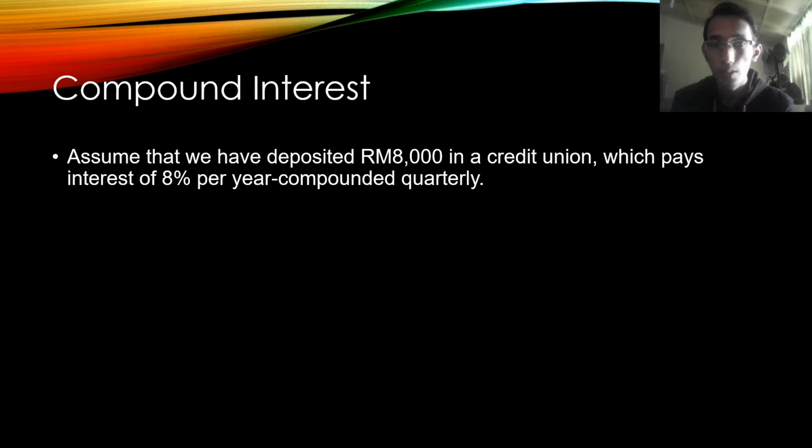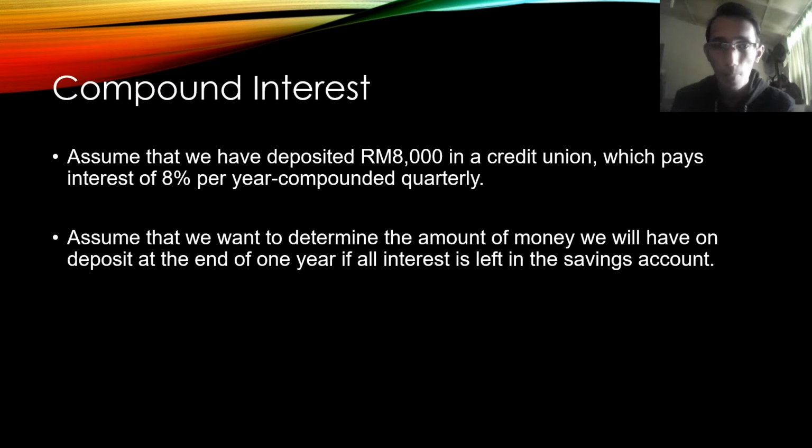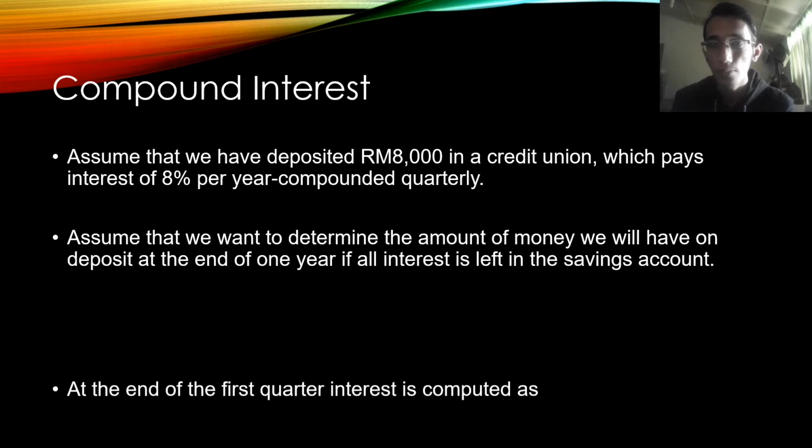Assume that we have deposited 8,000 ringgit in a credit union, which pays interest of 8% per year compounded quarterly. Assume that we want to determine the amount of money we will have on deposit at the end of 1 year if all the interest is left in the savings account.